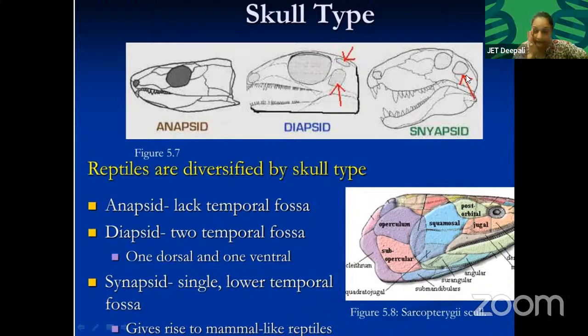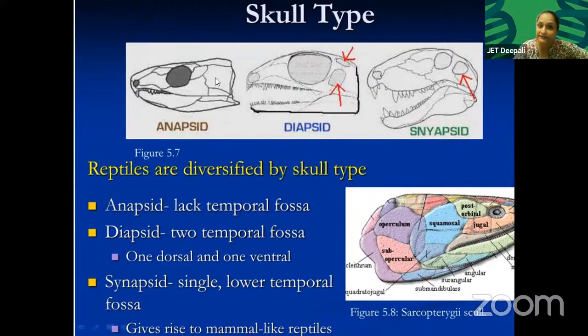The division of reptiles is based on whether they have temporal fossae or not, whether they have a superior temporal fossa or an inferior temporal fossa. Reptiles are diversified by skull type. Anapsid: no temporal fossa. Diapsid: two temporal fossae, one dorsal and one ventral.